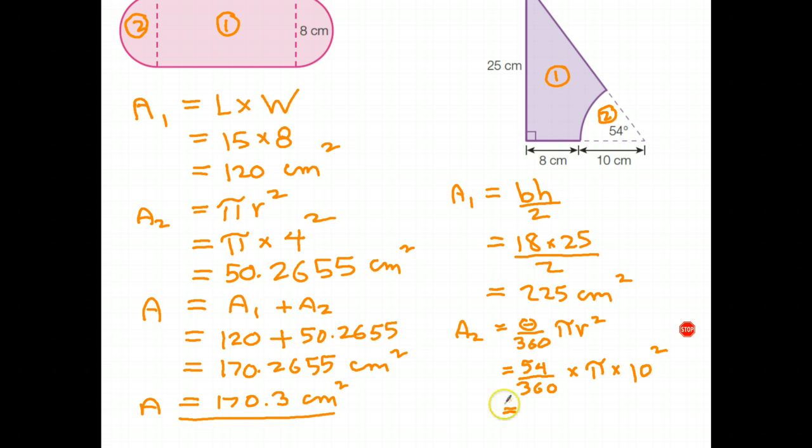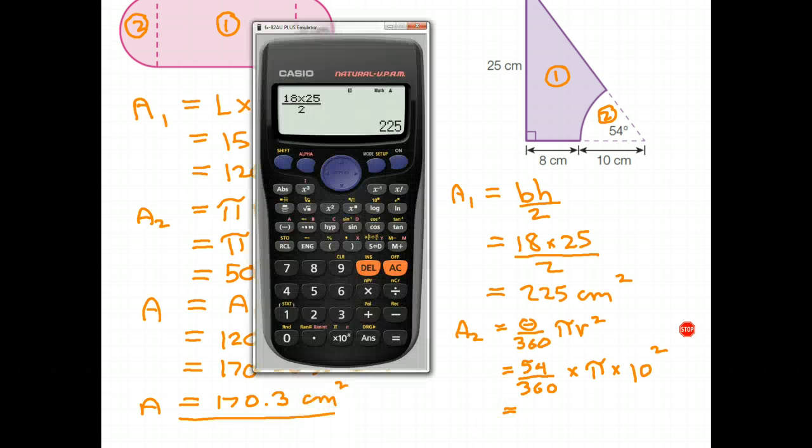Okay, let's go ahead and work that out on our calculator. So I use my fraction button, 54 over 360 multiplied by pi multiplied by 10 squared.